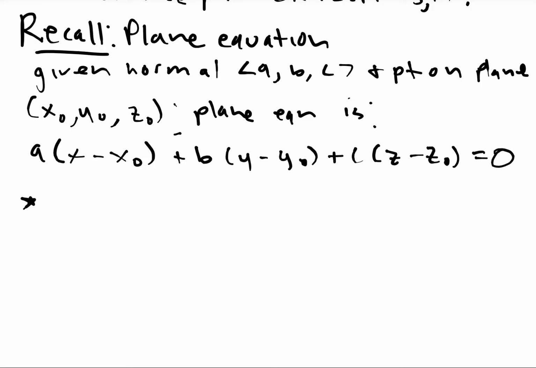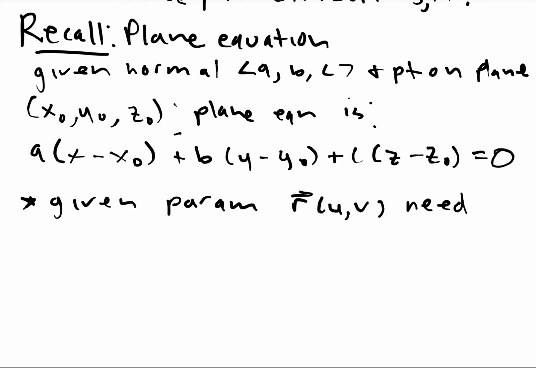There's one of two ways that point could go. Now, given some sort of parameterization, let's say r of uv, you will need to know two things.